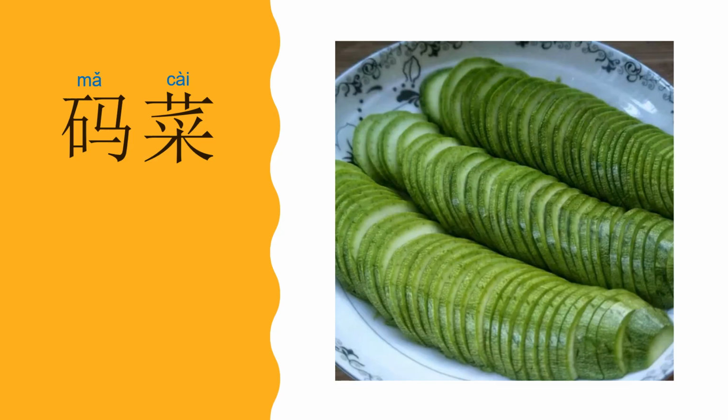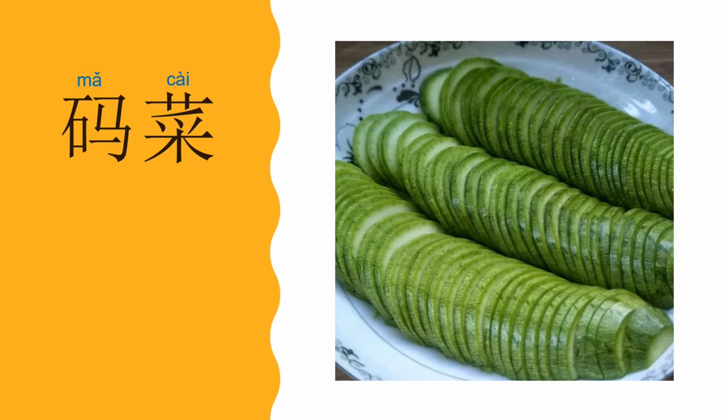This one might be unfamiliar even to some Chinese people, because this one is quite a northern thing, especially in Beijing or other northern parts of China. We say 码菜, 码菜.